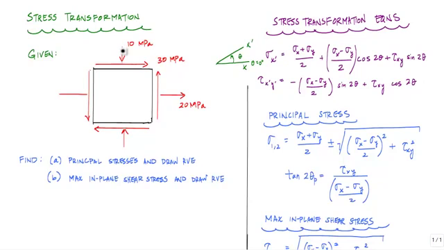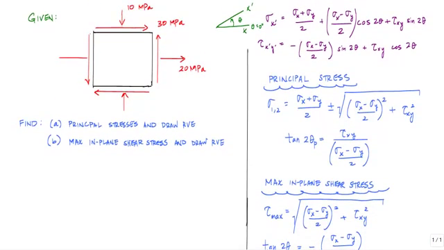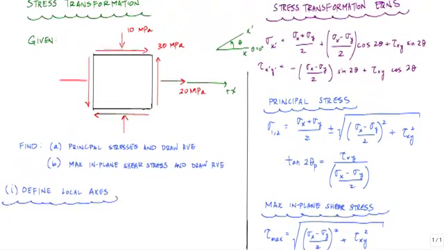So given this stress state here, the first thing we need to do is define a coordinate system, or local axes for this element. That means selecting what we consider positive x and positive y. Here I'll just go with the standard plus x to the right and plus y vertical.